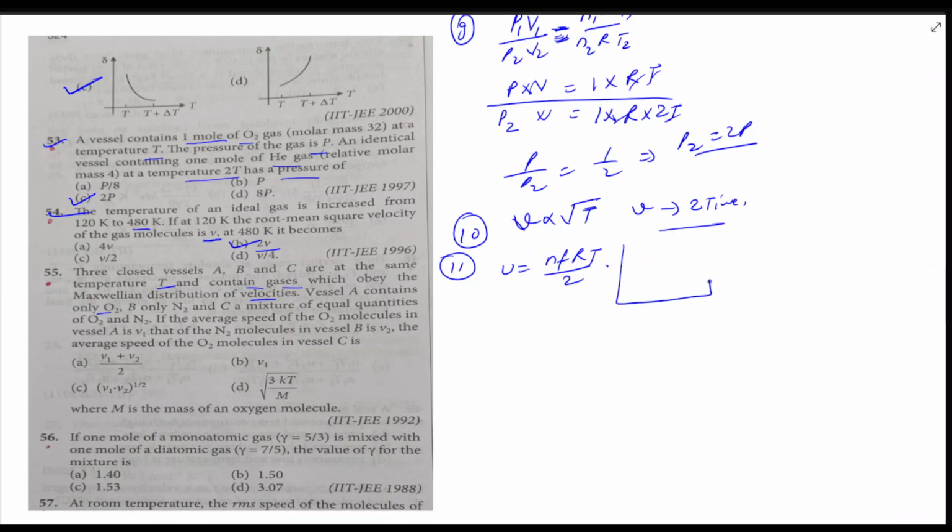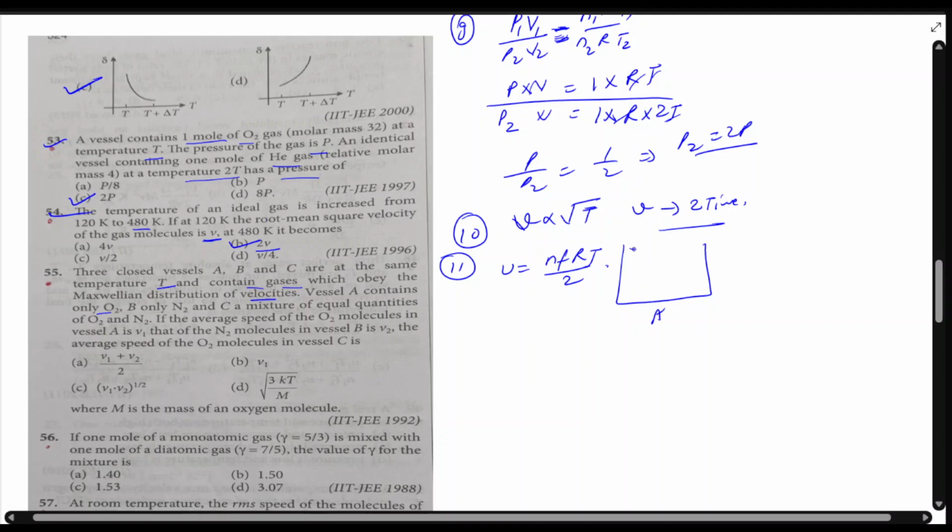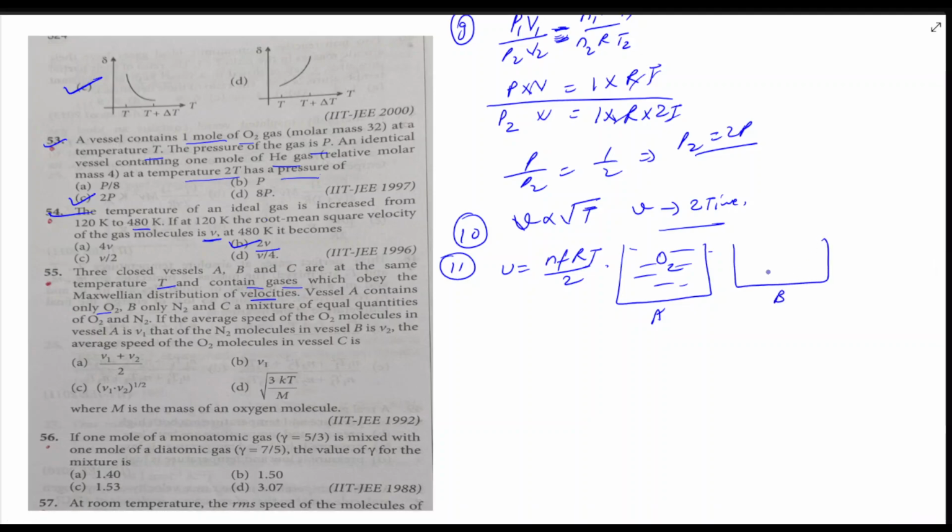So this is A, only contains O2. We have vessel B, only contains N2. And we have a third vessel C, a mixture of equal quantity of O2 plus N2.